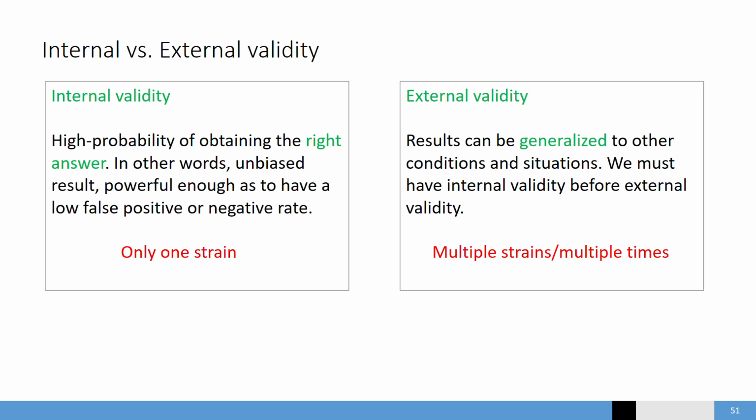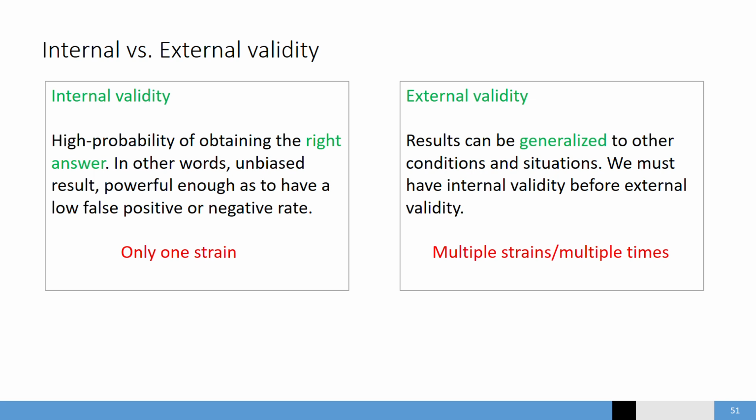As a summary of this part, working with only one strain gives you a lot of internal validity. That is, there is a high probability of obtaining the right answer. You try to get an unbiased result that is powerful enough as to have a low false positive or false negative rate.